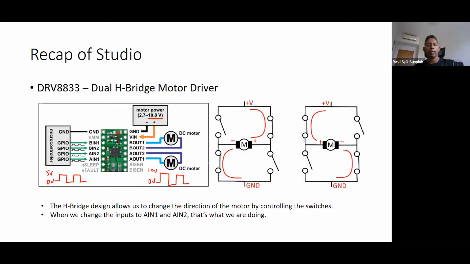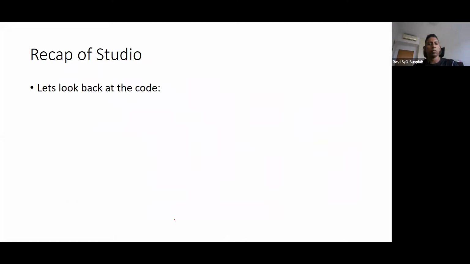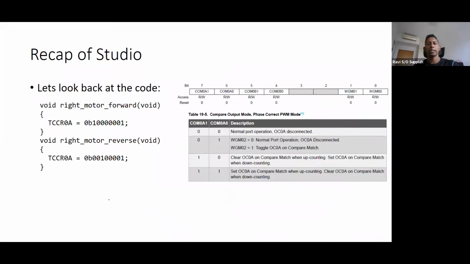And in the studio, the last part, basically what we were doing is we were changing the direction, based on configuring either one side to be connected and the other side to be disconnected. Whenever you put 00, you are disconnecting, so you will behave like a normal GPIO pin, whereas the side that is connected will be generating the appropriate PWM.